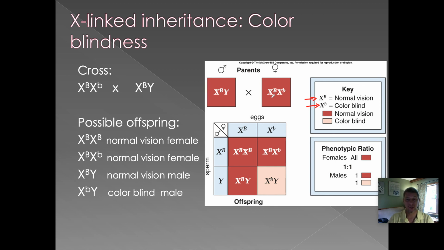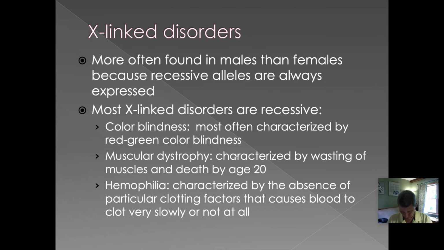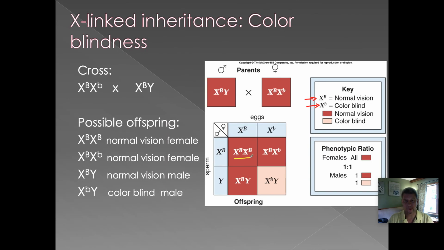Well, you can see the results here. In this particular case, and now gender becomes important here, we're going to have 4 different possibilities. This offspring is going to be female. She inherits the X chromosome from dad and another X chromosome from mom, but the one she gets from mom is dominant, and so she carries 2 copies of the dominant allele.